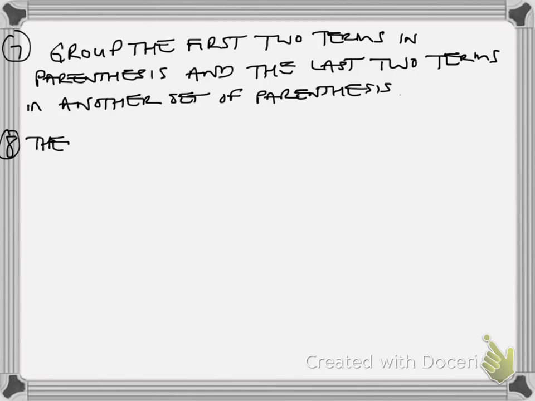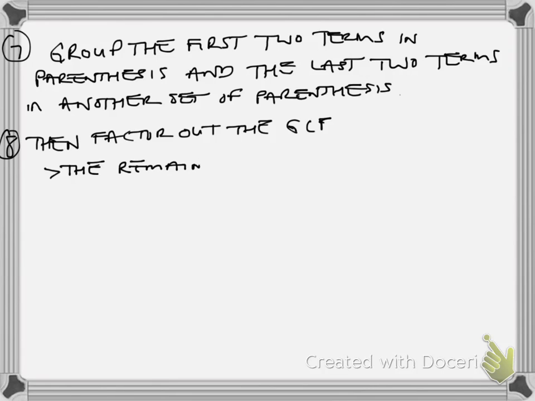Then factor out the GCF. If you do this right, the 2 parentheses remaining should be the same. So the remaining parentheses should be the same.